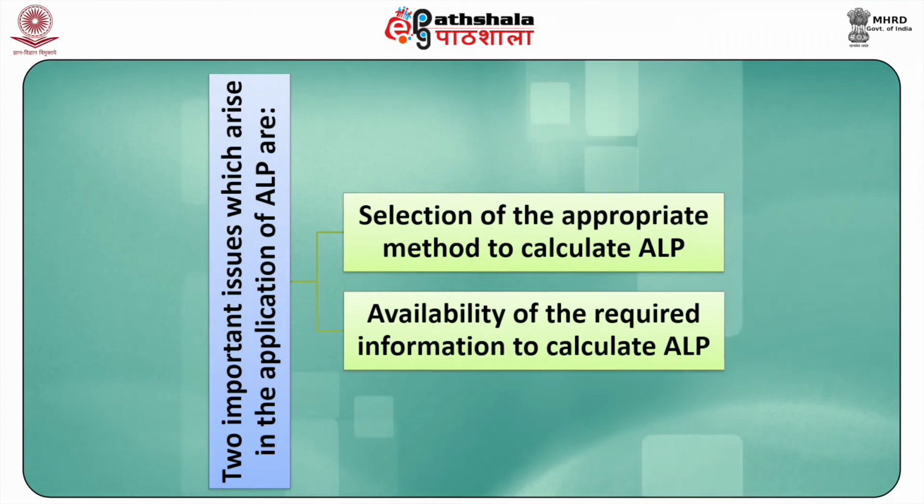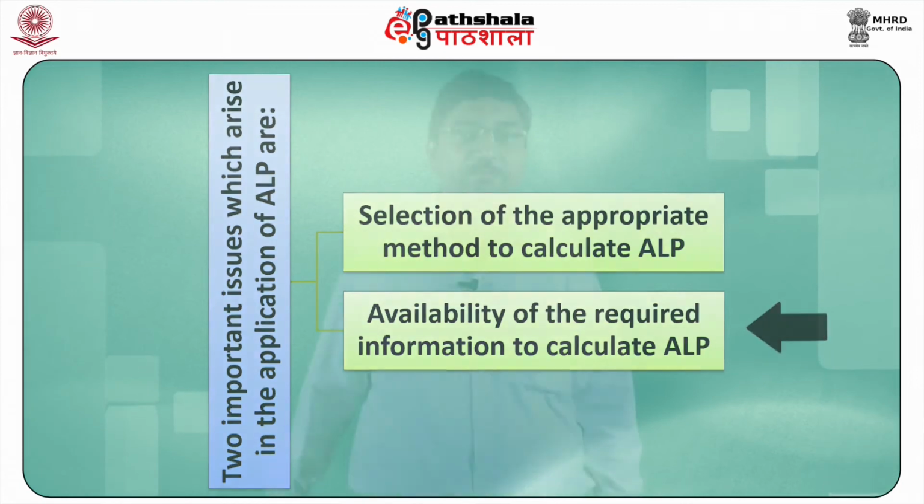However, two important issues which arise in the application of ALP are: number one, selection of the appropriate method to calculate ALP, and number two, availability of the required information to calculate ALP.